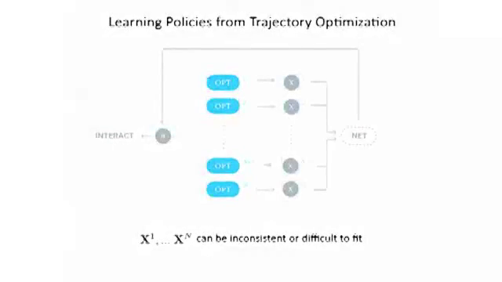And some trajectories might be doing it one way, and some trajectories might be doing it the other. And if for a particular state you're trying to fit a deterministic or a unimodal policy, then it's going to try to do something in between, stepping with the right and stepping with the left, and that's not a sensible strategy.